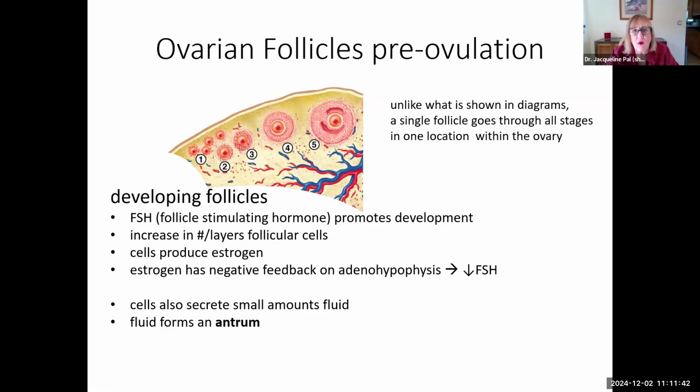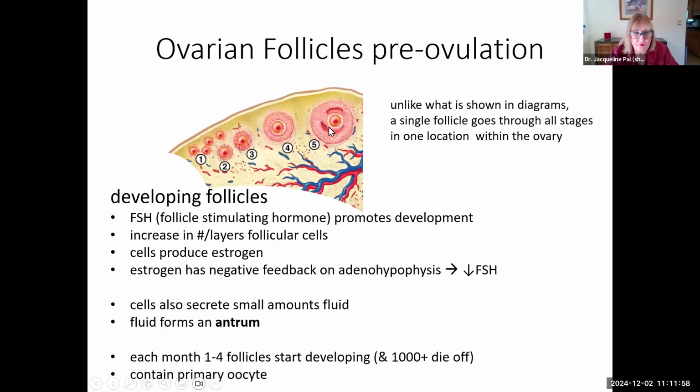And so we're going to end up with follicular cells on the outside of the antrum, and then follicular cells surrounding the oocyte on the inside of the antrum.